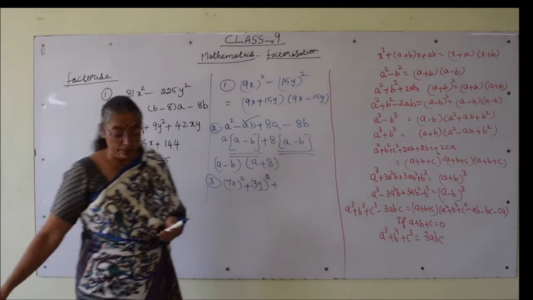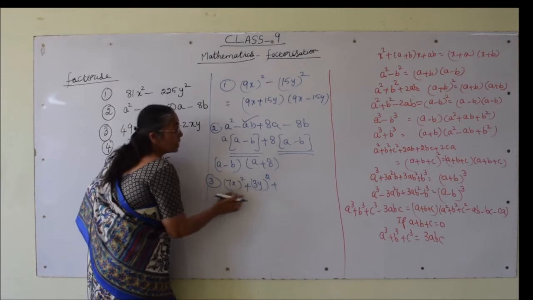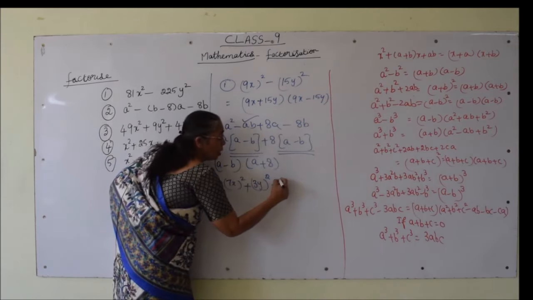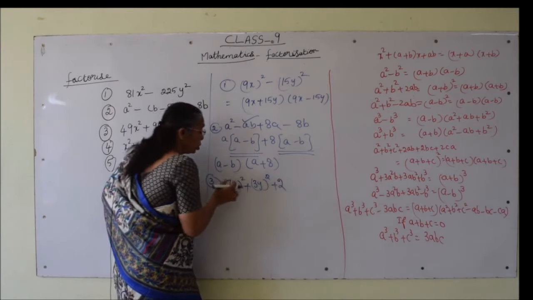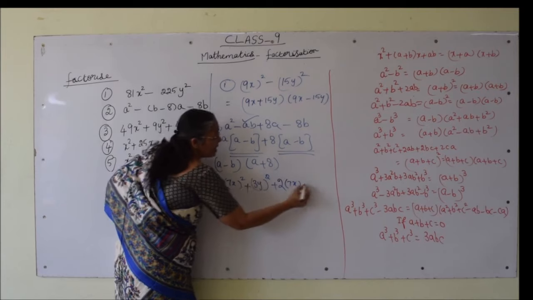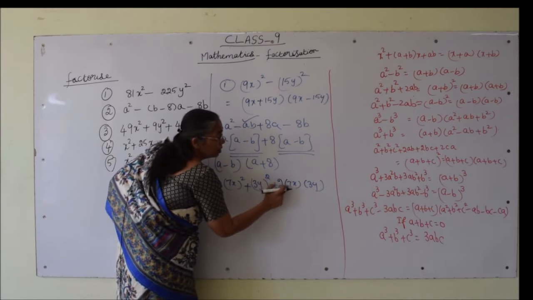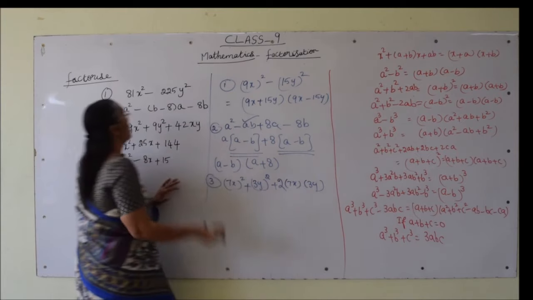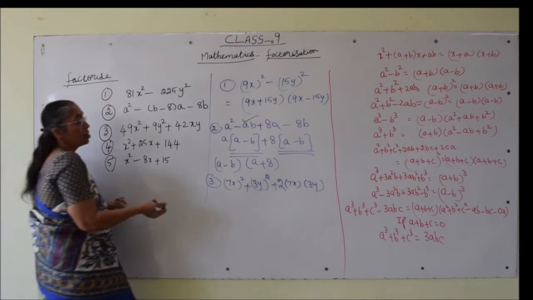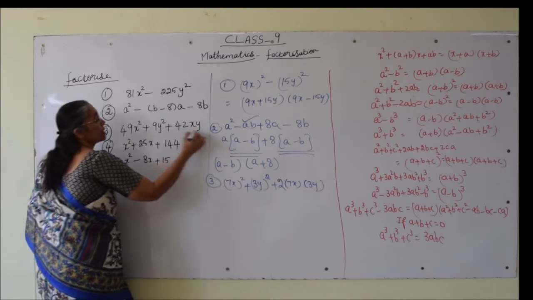Now 7x whole square is the a square term, and this is the b square term. From these two, what will be the 2ab term? 2 into my a, which is 7x, and b, which is 3y. What should this term be? 2 sevens are 14, 14 threes are 42. Yes, so 42xy should be my third term, and it is there.